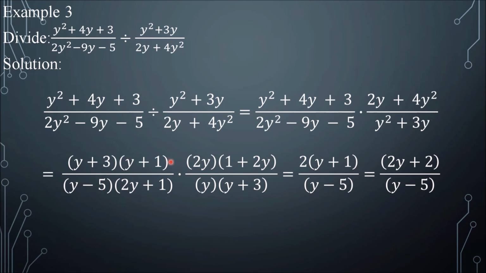And then for the denominator, we have the y minus 5. Now let's multiply 2 times y plus 1, 2 times y, 2y, 2 times 1, 2. So the final answer is 2y plus 2 over y minus 5. So that's how you divide example number 3.